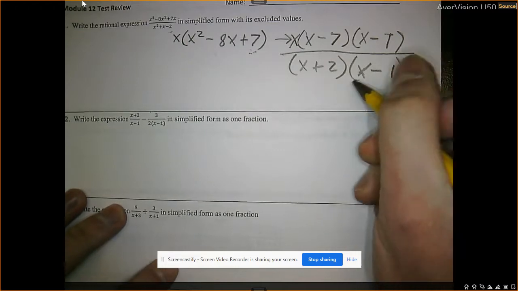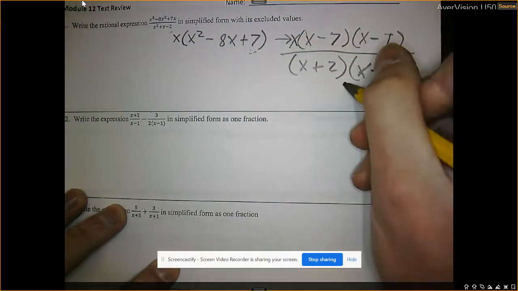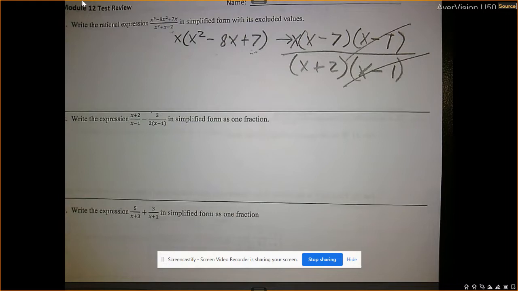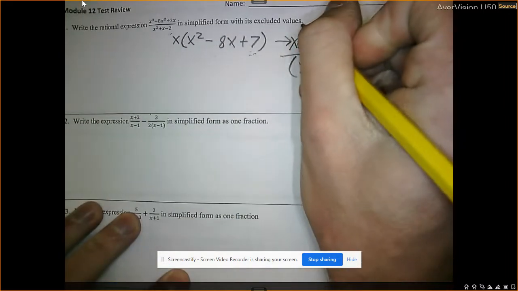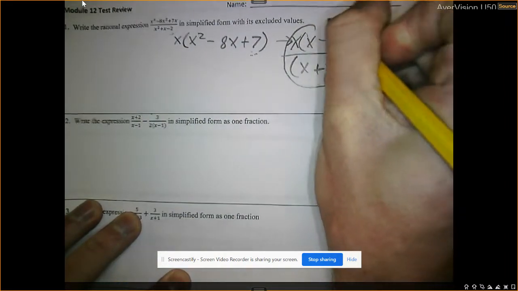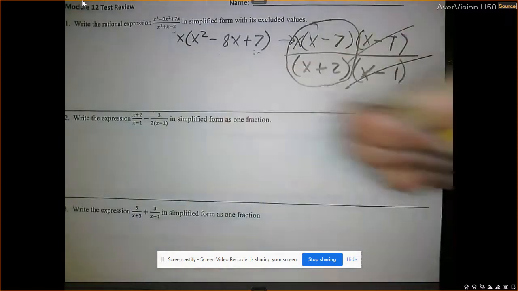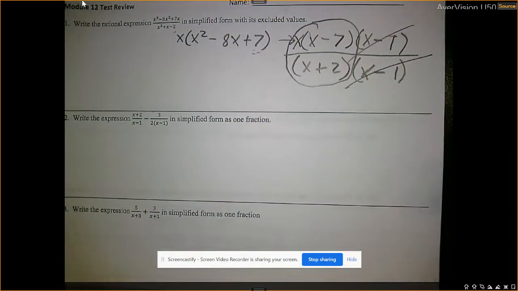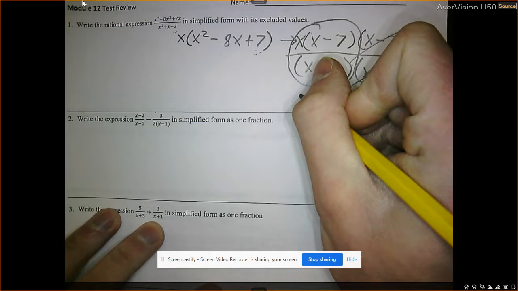Now here we're just seeing what can we cross off. And we have an x minus 1 on both the top and the bottom, so our answer becomes this. Could rewrite it. I'm leaving it like this. And then you just say excluded values.